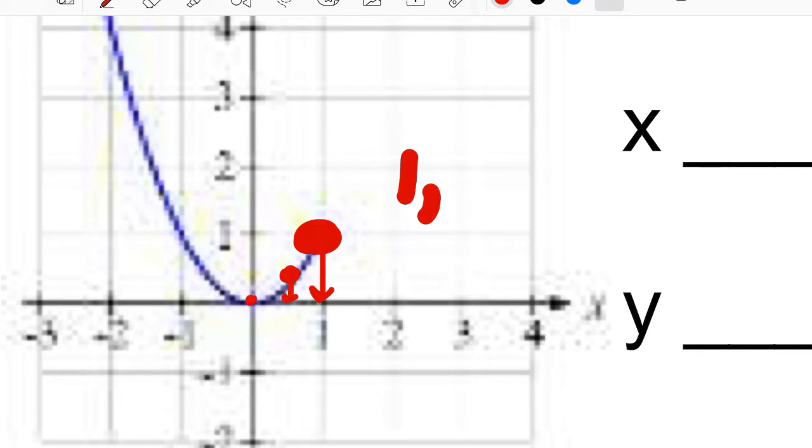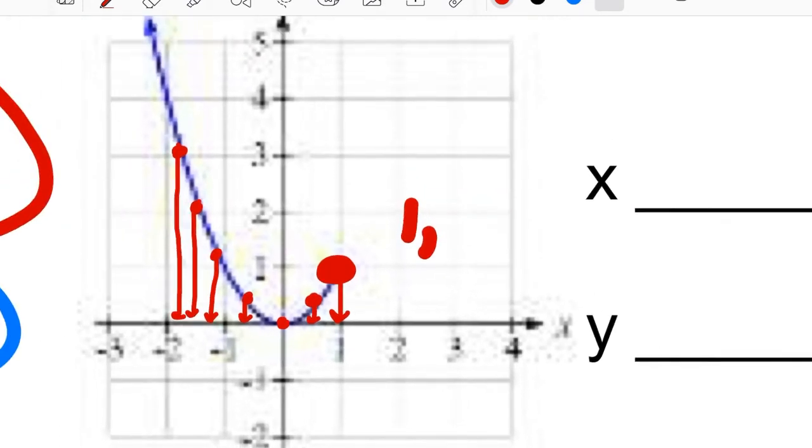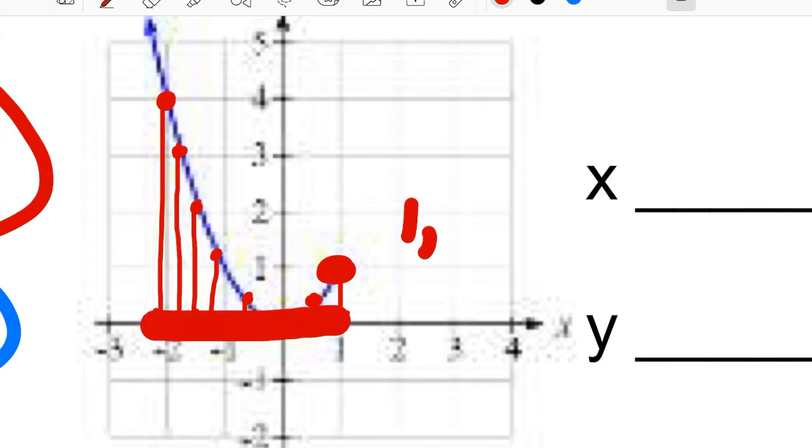What I'm doing here is taking points that are on this graph, but then referencing where they would fall on the x-axis. These arrows that I'm drawing down here are really just trying to help you see that the x values of each of these points seem to be highlighting this part of the x-axis.